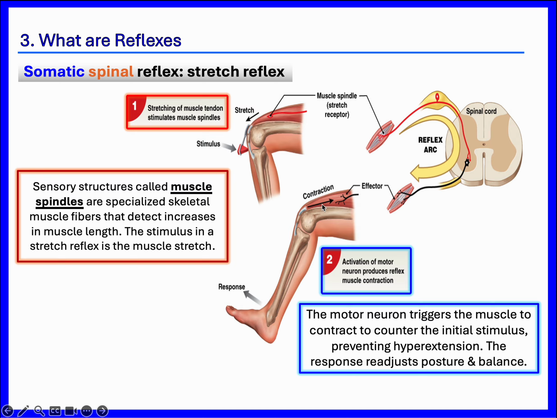And then this is trying to contract back, and it kicks your leg up to counter that initial stimulus. And the whole point of this is to prevent hyperextension. You want to prevent this whole muscle from overexerting and stretching too much. It's a balance to readjust the posture, right?